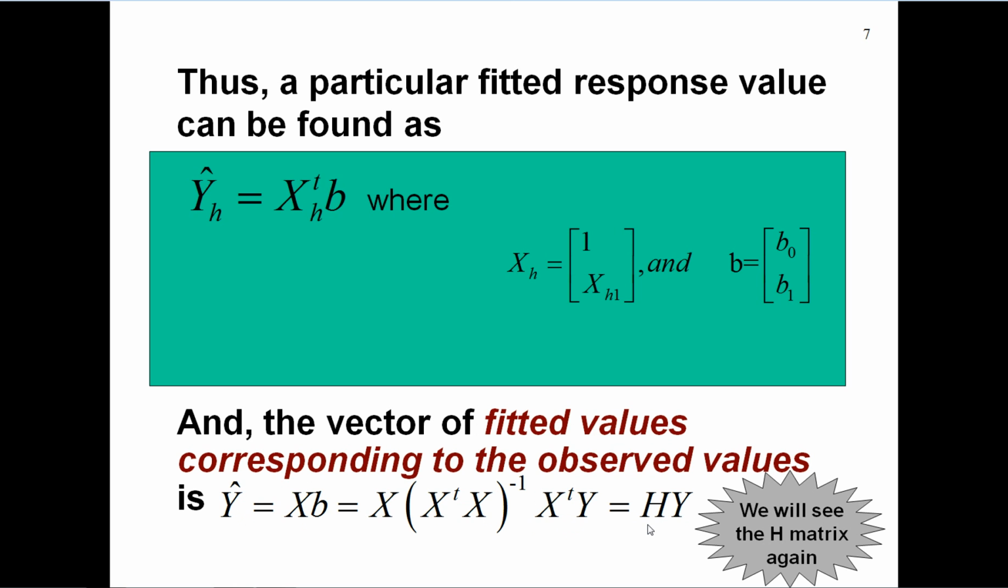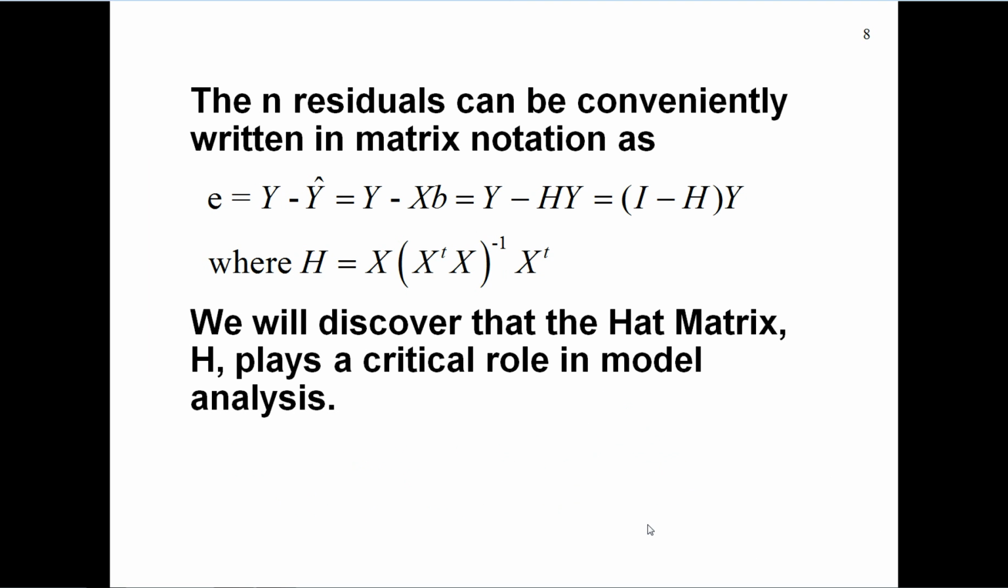Now, at this point, it's not critical that we dissect this, but this matrix H, we call it the hat matrix, will be very important to us as we discuss analyzing the regression models that we develop later in this course and in the follow-on 431 course.